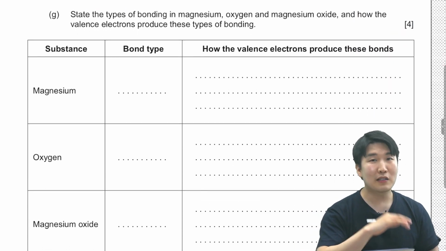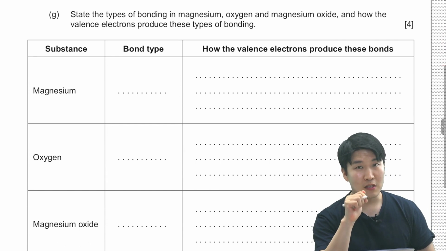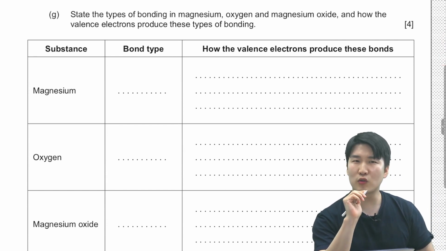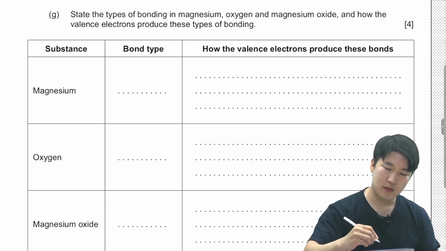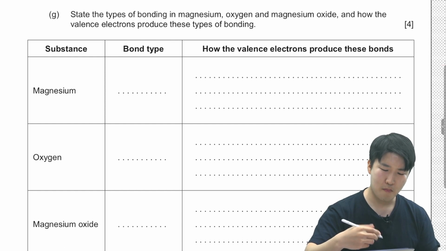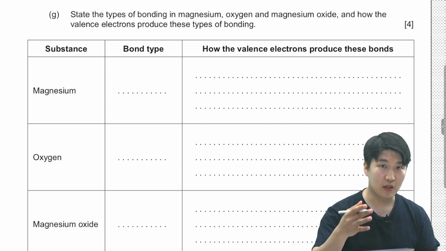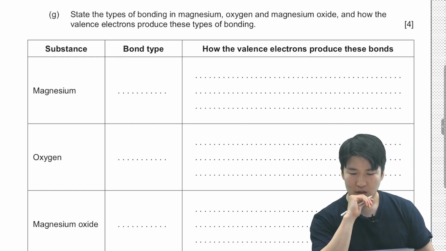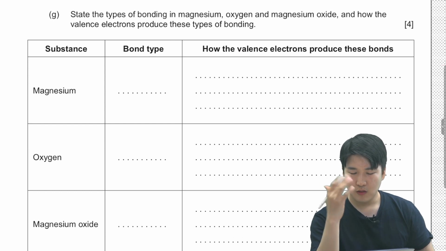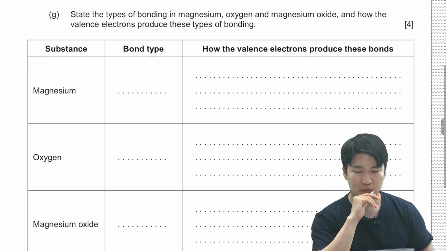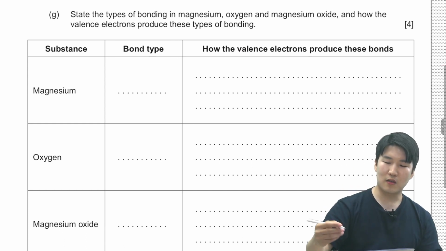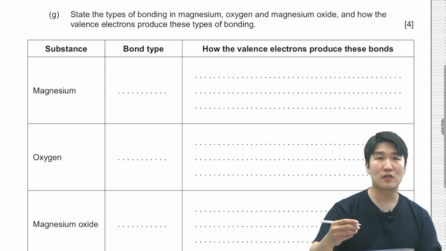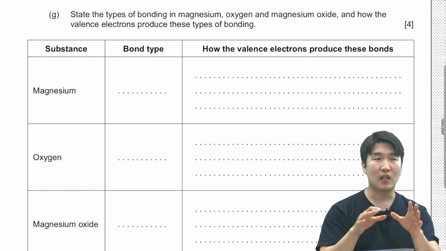Okay, we're back to magnesium and its compound magnesium oxide. This time we're going to explain the nature of bonding, magnesium metallic, oxygen covalent, magnesium oxide ionic, with the action of valence electrons. What do the valence electrons do in magnesium to produce metallic bonding? They delocalize.